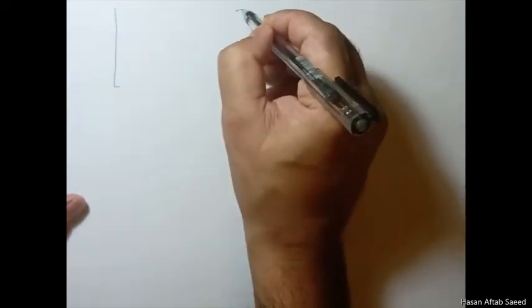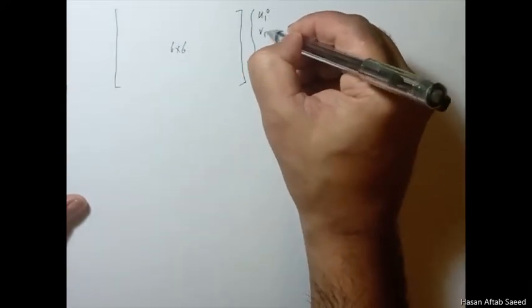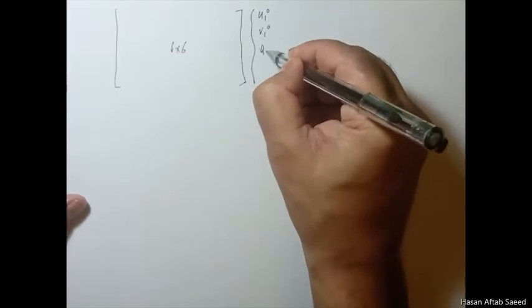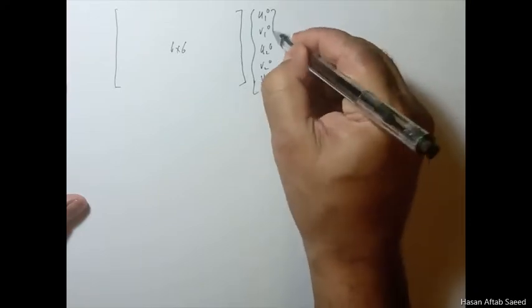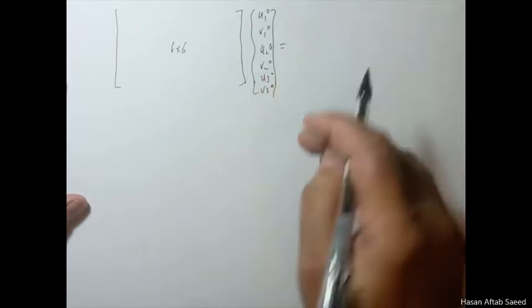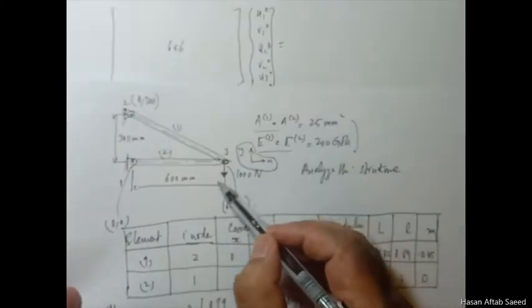It has been assembled, so the next step is: if this is the 6 by 6 K matrix, then you have u1, v1 in the global system, u2, v2, u3, v3. There is no temperature change involved here. Body forces and pressure forces are irrelevant in these problems. So the only force being applied is this 1000 Newton force.